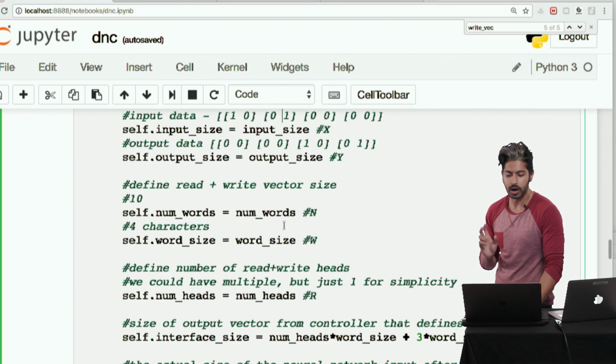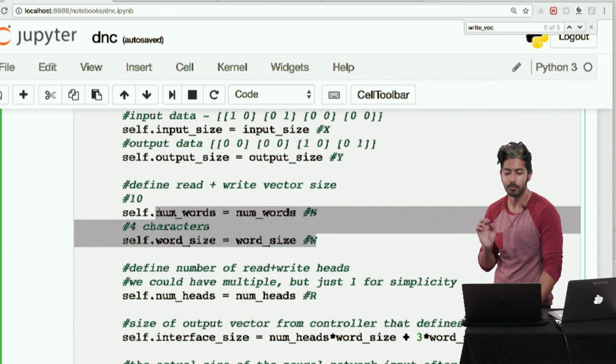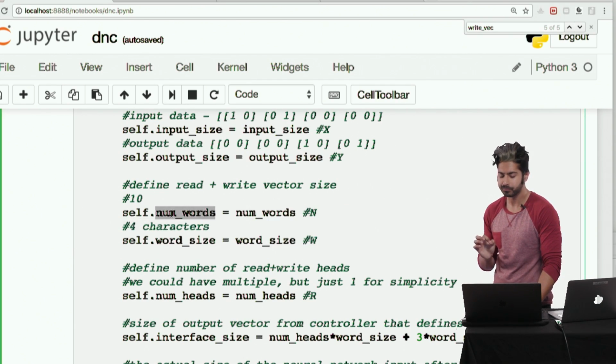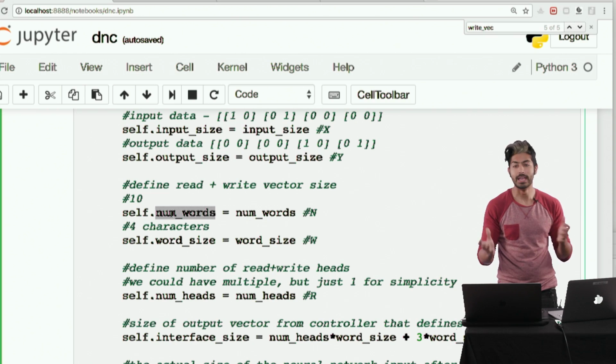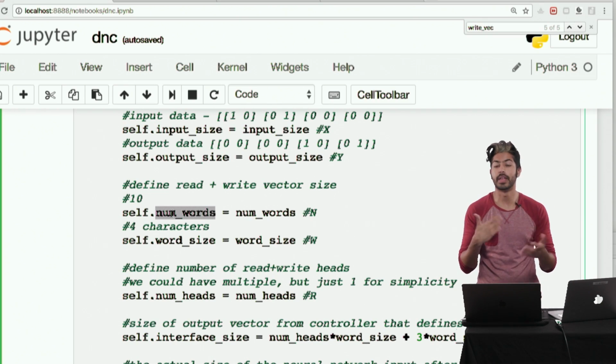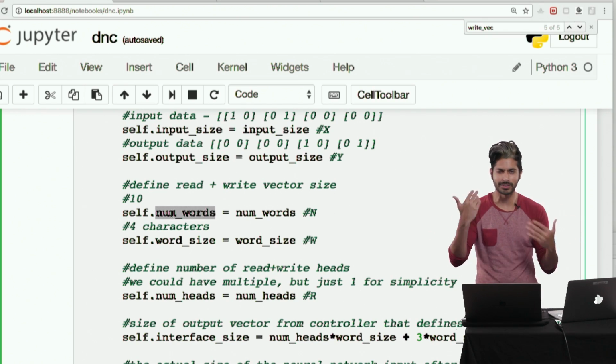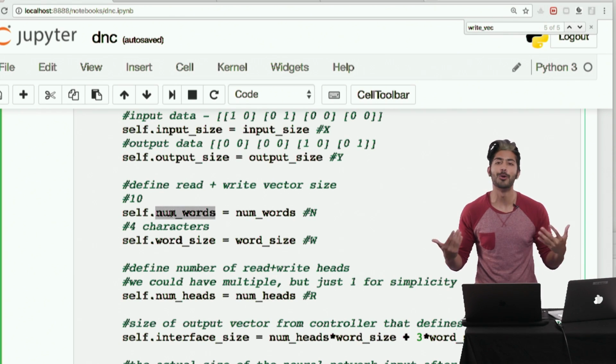The next part is for us to define our read and write vector size. So notice how it's called num words and word size, but there are no words here, right? This is kind of like they had words in the DeepMind code, so this is kind of leftover from that, but there are no words here.